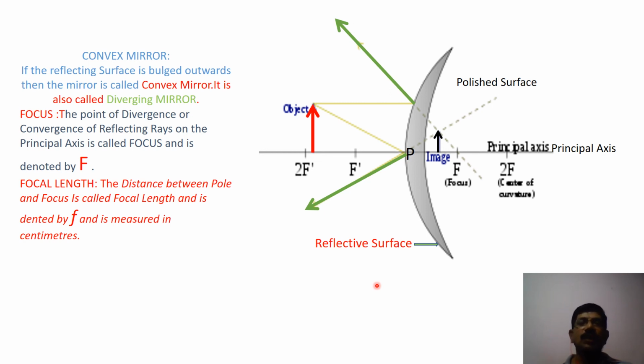The concave mirror always gives a real image, as all the light rays converge at a point after reflection, whereas the convex mirror always gives a virtual image. You cannot catch it on the paper, but you can see it, because all the reflected rays diverge after reflection. Are you clear about that one?